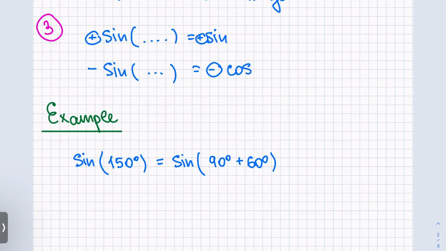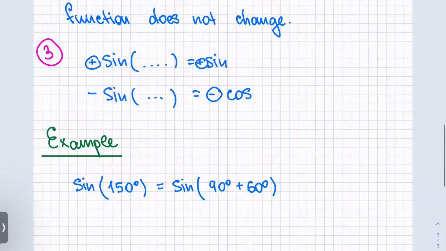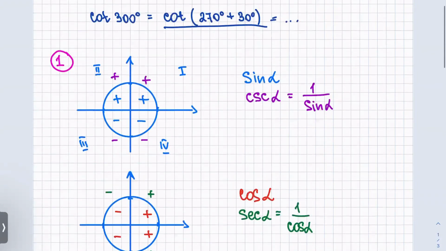So let's see first, what was the sign of our original function sine of 150 degrees? How can we check that? It's easy to do using the unit circle, dear students, because what is 150 degrees?